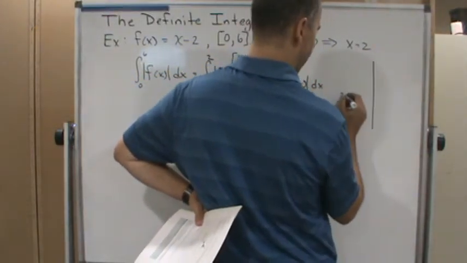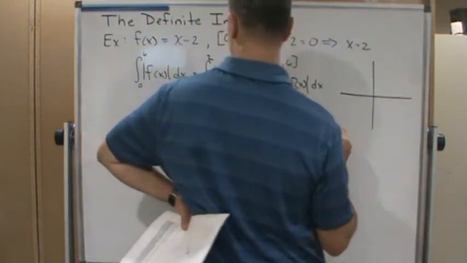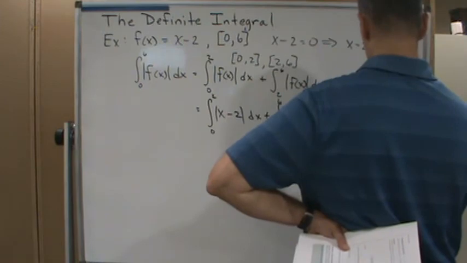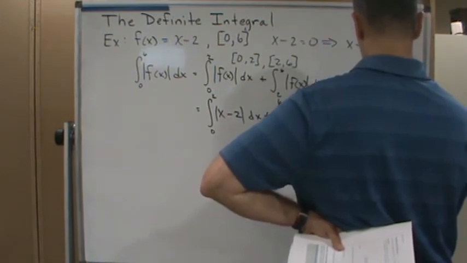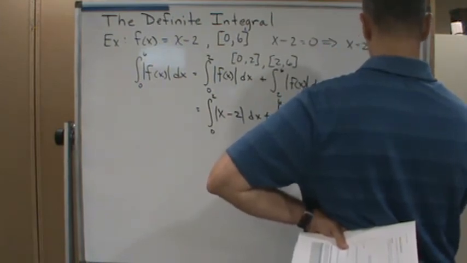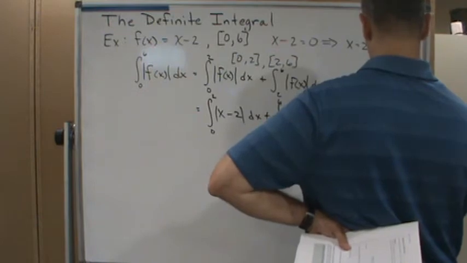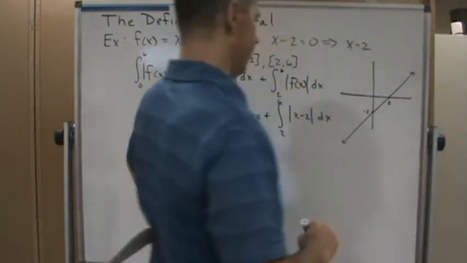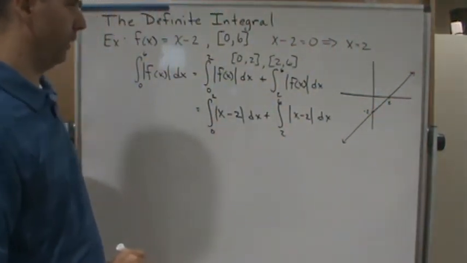If we use the graph of the function, okay, so that's what's going on there.